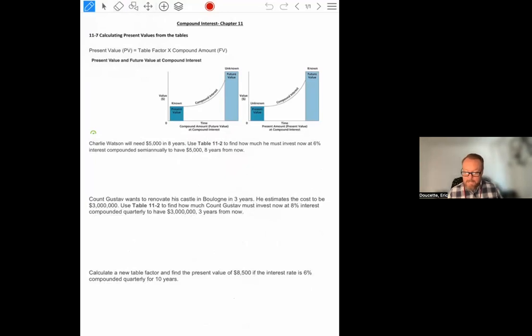But it looks like this. Present value equals, where before we were looking for a compound amount, the compound amount, which is the total, divided by 1 plus the interest, with how many times it's been done.